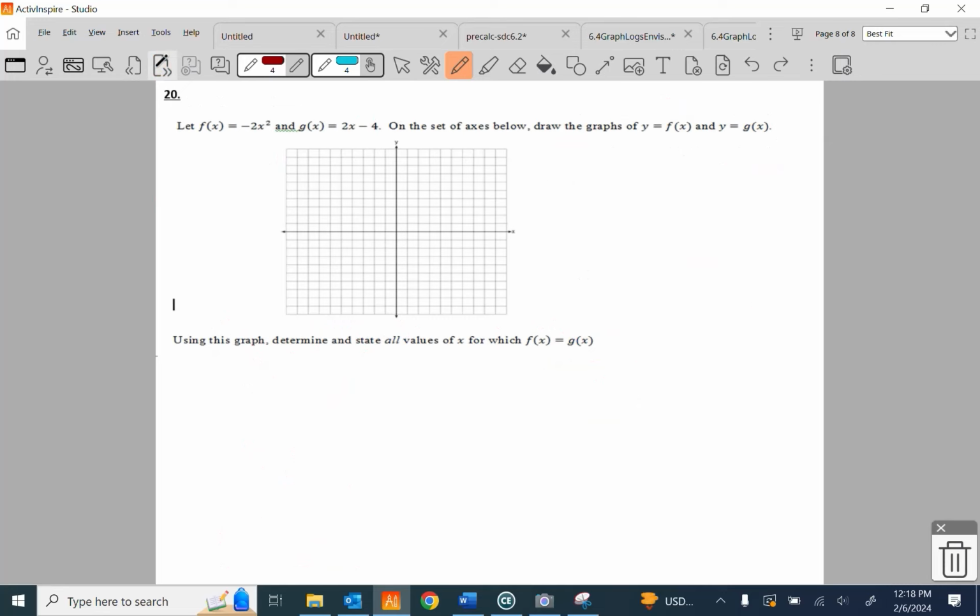And the last one I'm doing, it says let f of x equal -2x to the second, and g of x equal 2x minus 4. On the set of axes below, draw the graphs of y equals f of x and y equals g of x.